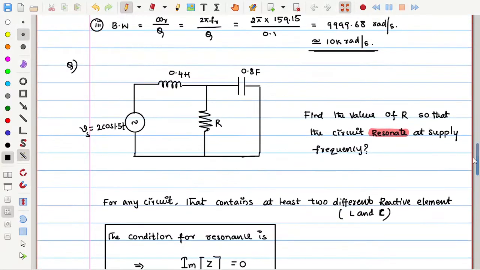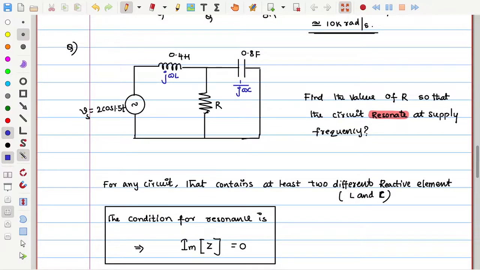Observe that this is j omega L, this is minus j by omega C, or one can write 1 by j omega C. These are the impedances of the reactive elements, and this is resistance as usual. Now observe that R is in parallel with this capacitor, and that combination is in series with the inductor.